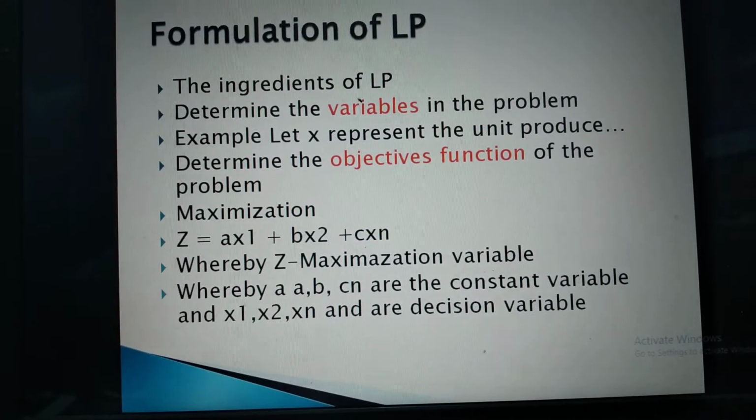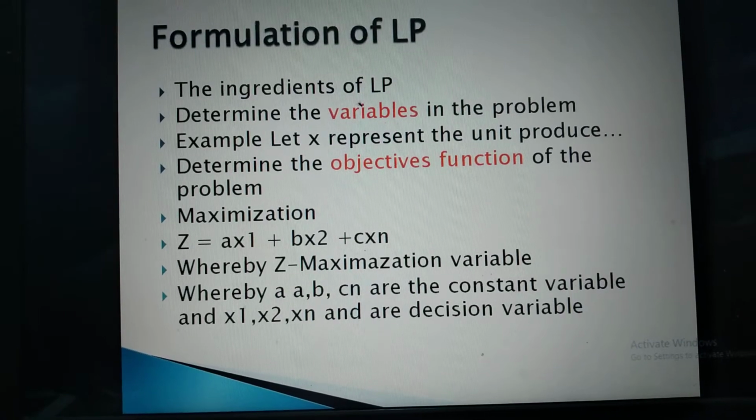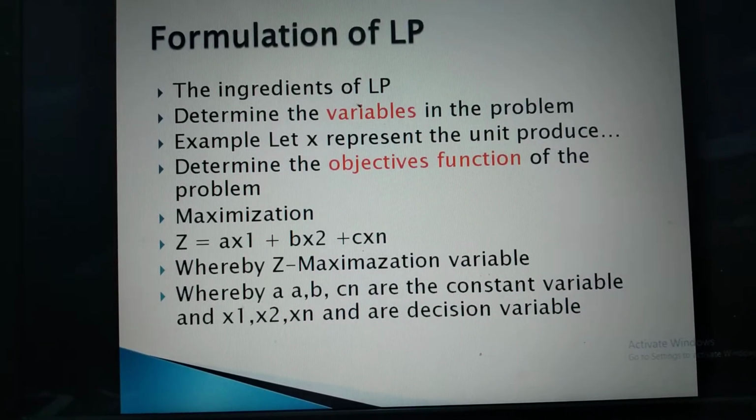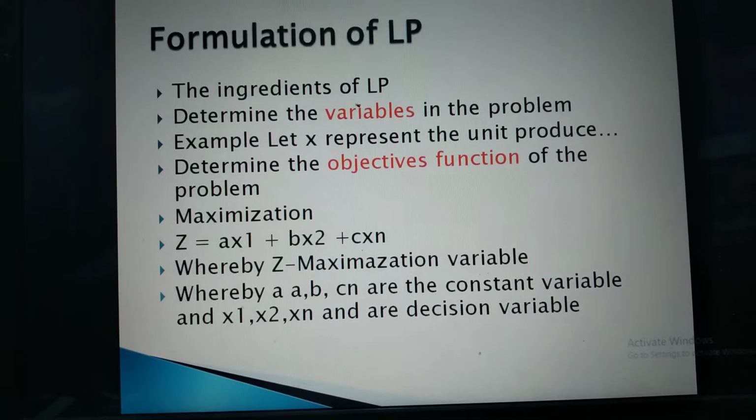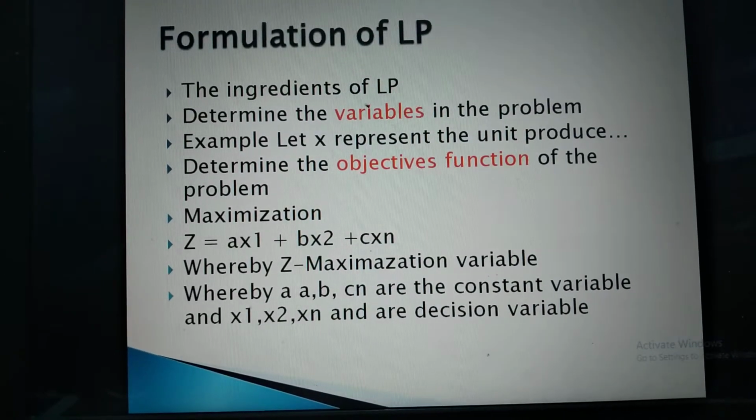A, B, C, N are the constant variables. X1, X2, Xn are the decision variables.